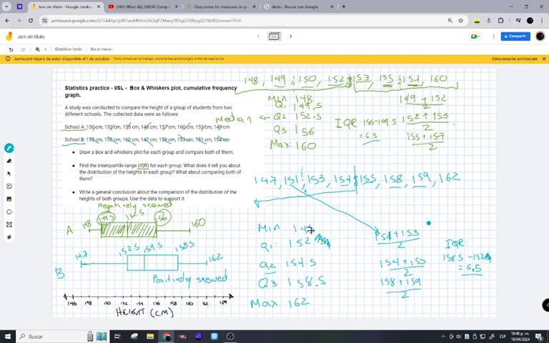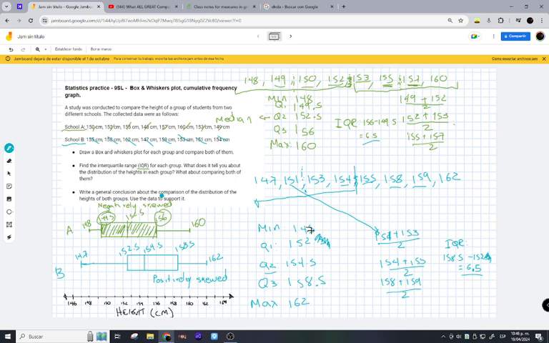Remember, interquartile range tells you the range where the middle 50% of each group is spread. And if it's the same, it means that both boxes measure exactly the same. They occupy the same length. We can conclude that the distribution of the middle 50% of both groups is really similar.